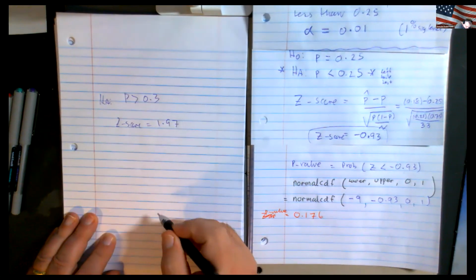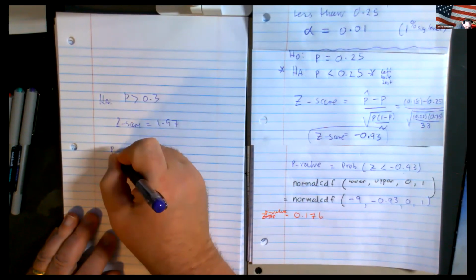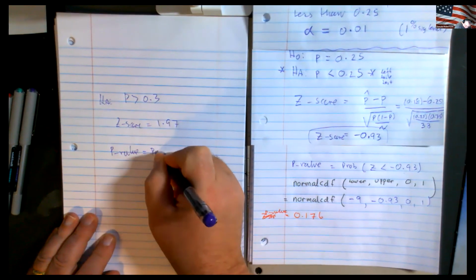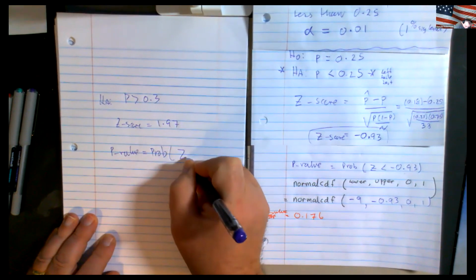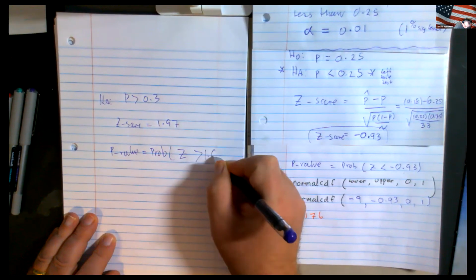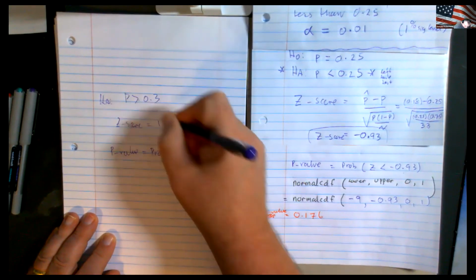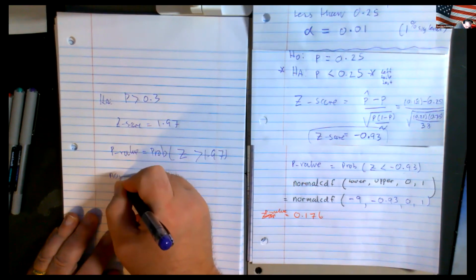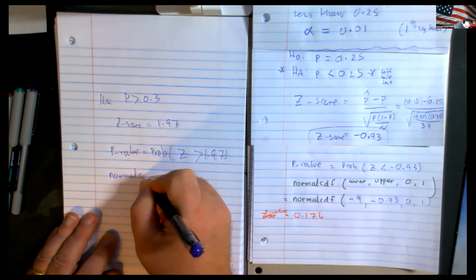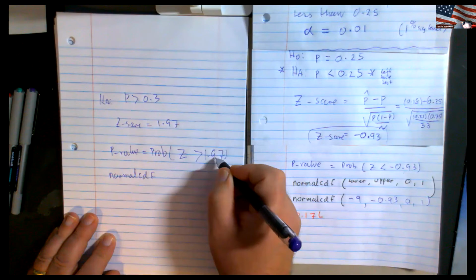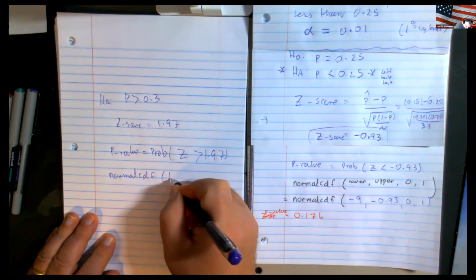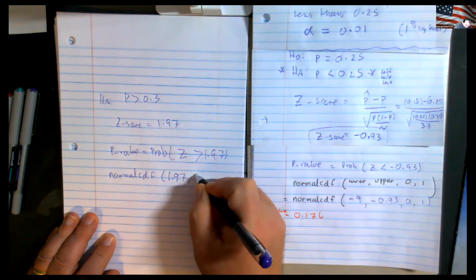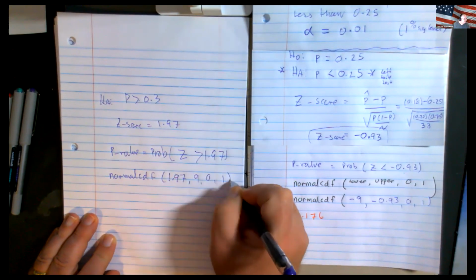Then we would get our p-value by finding the probability that you get a z greater than 1.97. They match, and positive. That would be normal CDF, but when it's a greater than, it's the number first, then your 9, 0, and 1. Do you see the difference?